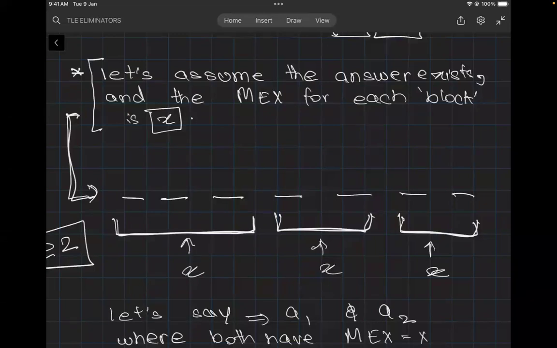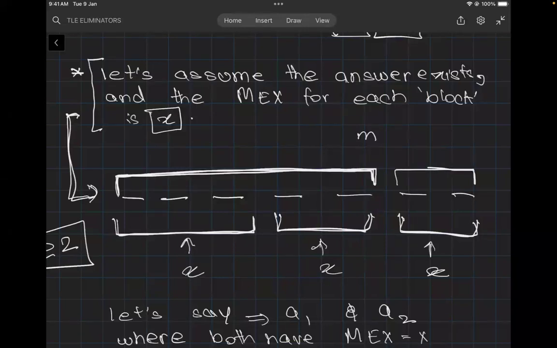So no matter how many subarrays there are, let's say there are m subarrays, I will just combine the first m minus 1 subarrays into one subarray and I will keep the last one as it is. What is the max of the first one? It is still x. What is the max of the last one? It is still x.